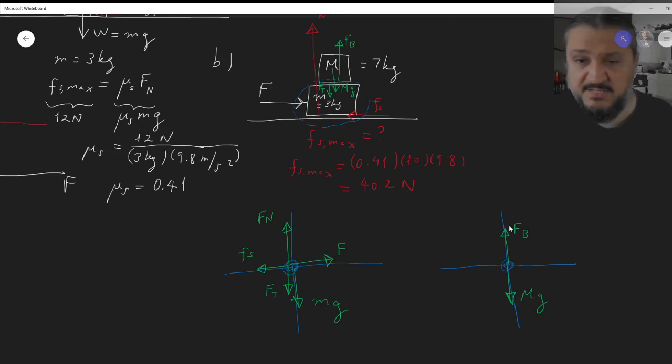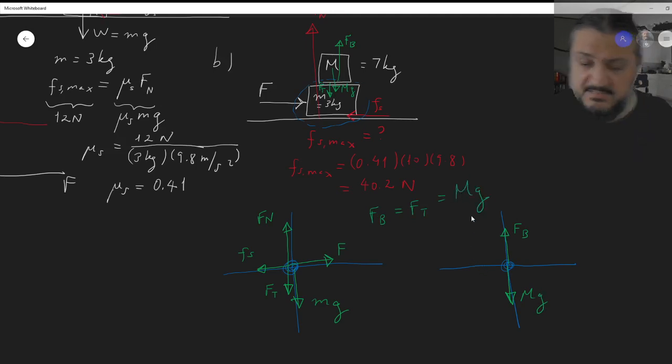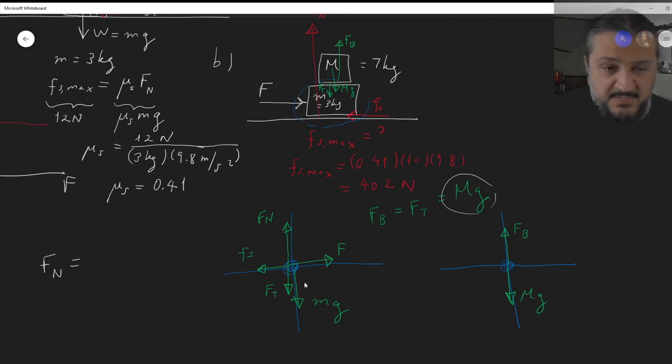So obviously, using Newton's third law, Fb in magnitude is equal to Ft, which is Mg. Alright, so you take that Mg, which is equal to Ft, and plug it in here to find Fn. So Fn must be equal to Ft plus little m g.